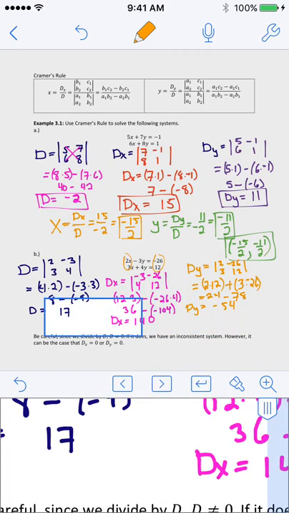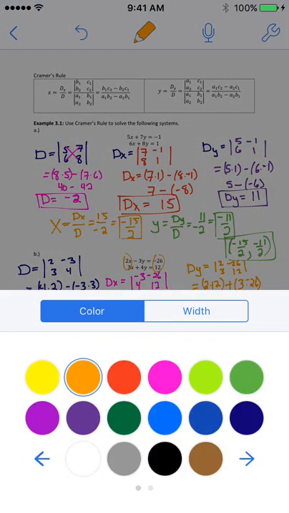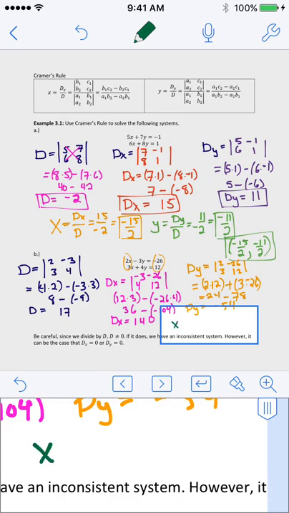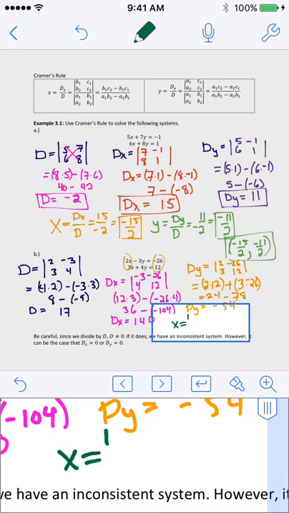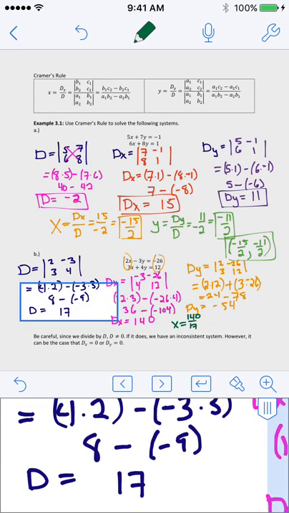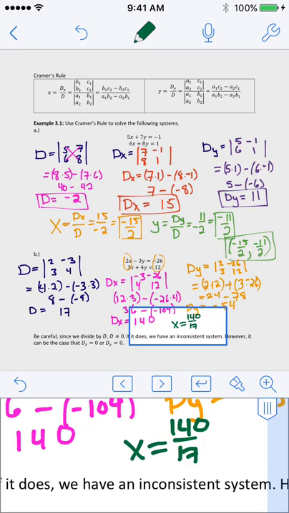Last but not least, I need to find x and y. I'll do that down here. X is going to be dx, so pink over d, 140 over 17. Since 17 is prime, it is not going to reduce, right? 17 is prime.